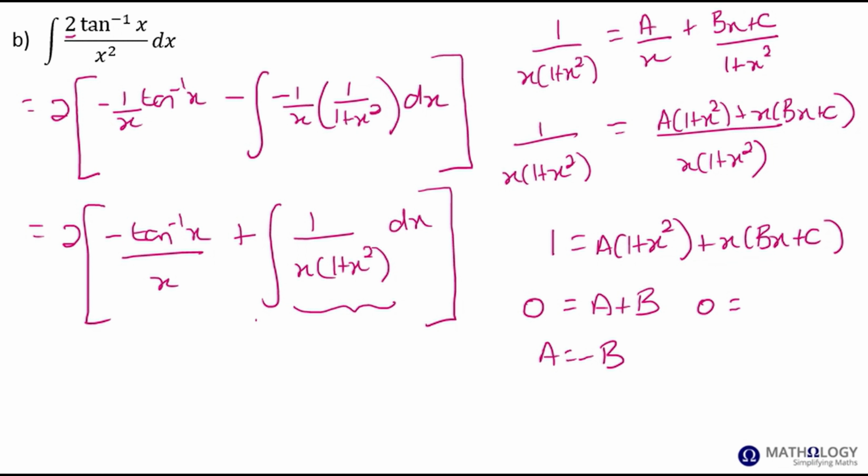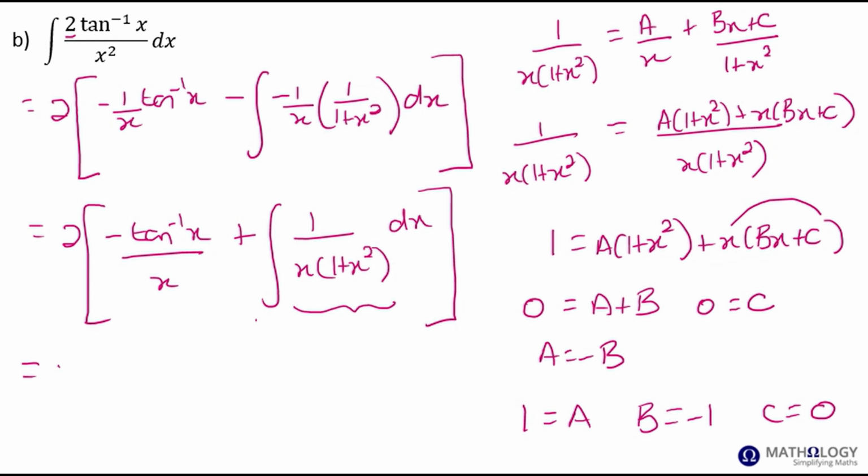There's no x in the first term here, but we have x times c, so c will be 0. And finally, we're going to compare the constant terms. So we have 1 on the left, and then we just have a, and there's no constant term there. So a equals 1, b equals minus 1, c equals 0.